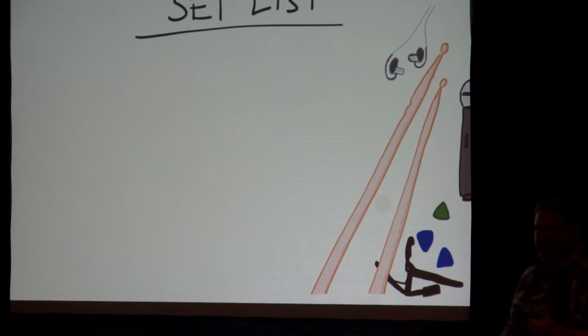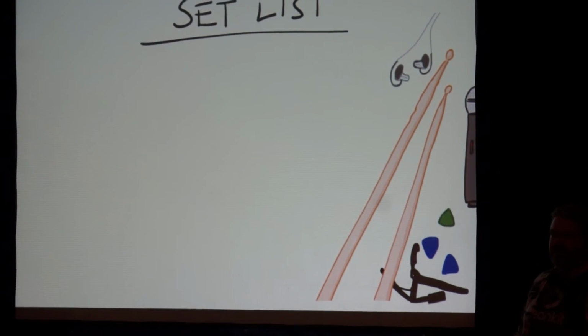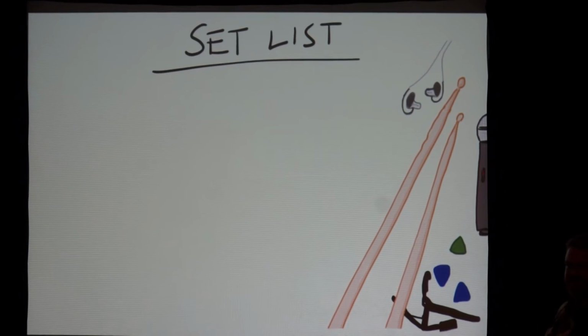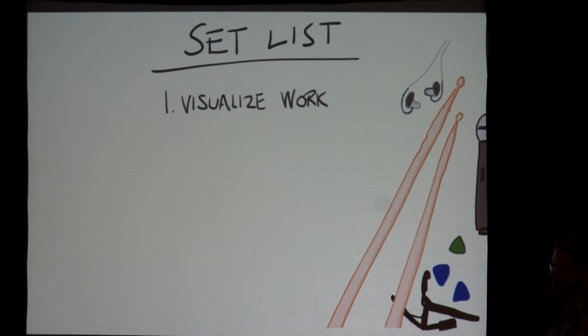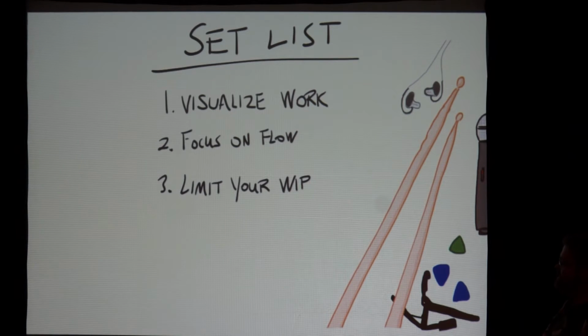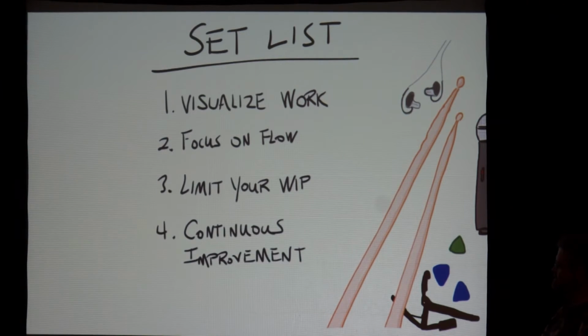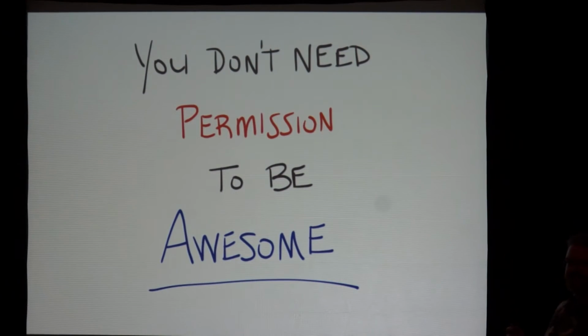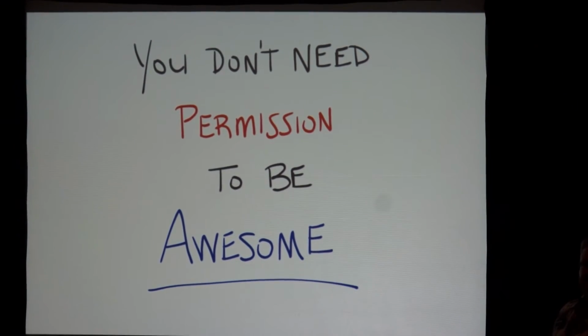So here's what we're going to do. Starting Monday, here's your set list. You're going to visualize work. You're going to start focusing on flow, limiting your work in process, and pursuing continuous improvement. Start small, start with an experiment, start somewhere. But more importantly, be awesome.